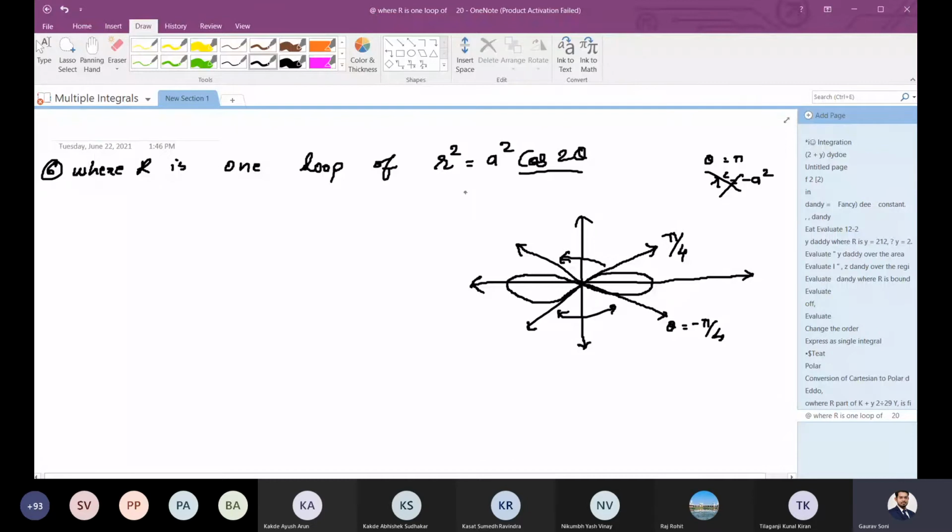Now, what is the value of theta? Theta goes from minus pi by 4 to plus pi by 4, as you can see here. What about r? Anyone? You take the strip which starts from the origin and ends at the curve. What values of r are we going to have?